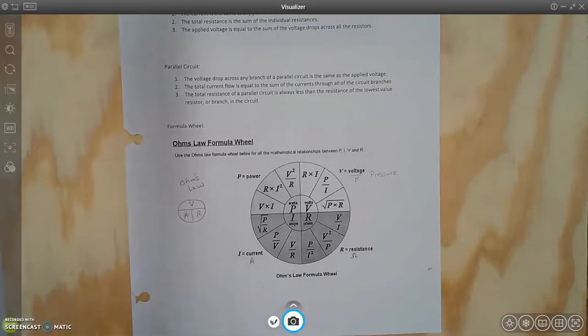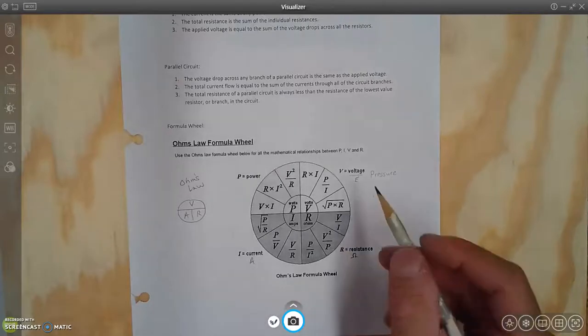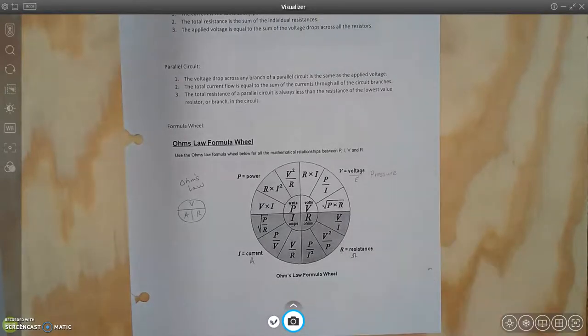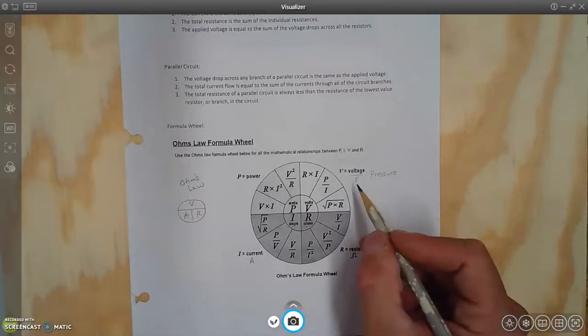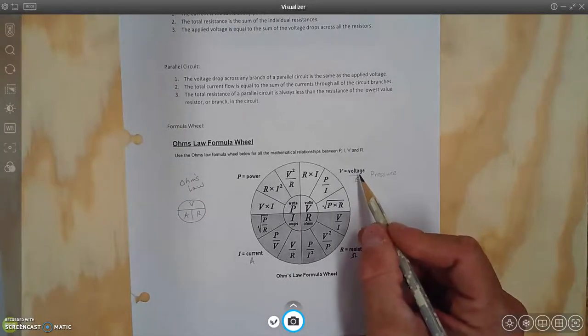Like if you ever dove to the bottom of a swimming pool, there's pressure above you. That's why it puts pressure in your ears. That water will push out through a pipe faster than as it gets lower. It'll still go out the pipe, it just doesn't go out as fast because there's not as much weight above it pressurizing it. Well, voltage is the pressure on electricity.